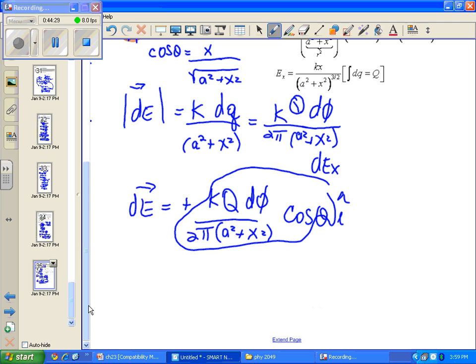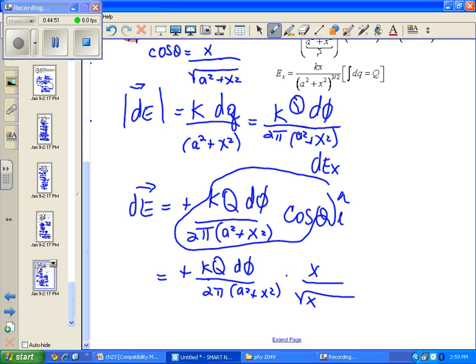So come back down here and make the substitution for cosine theta: plus kQ d phi over 2 pi times a squared plus x squared, times x over the square root of x squared plus a squared.